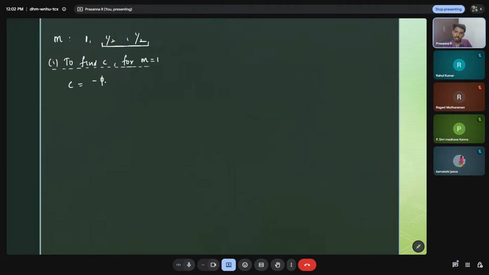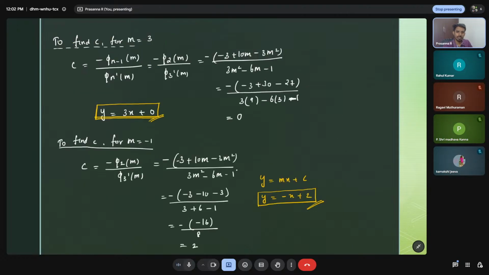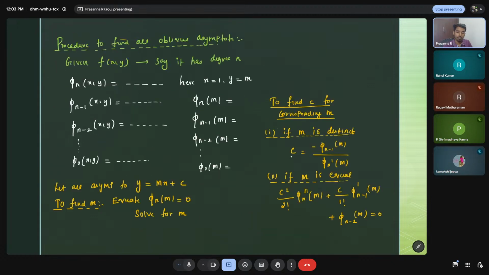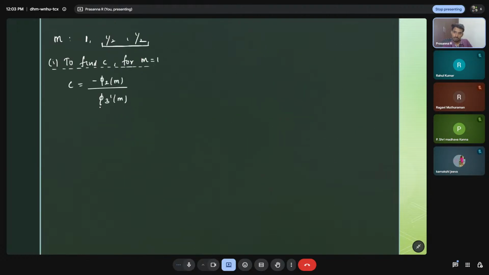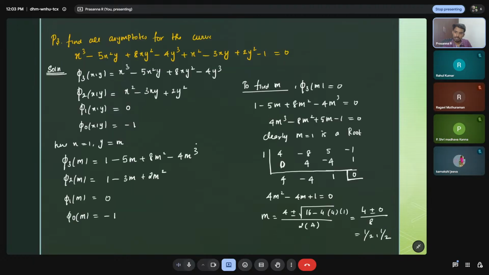That c is given by minus phi2 of m by phi3 dash of m, because it is degree 3, so it is phi n minus 1. So this is given by minus, so what is phi2 of m? 1 minus 3m plus 2m square, divided by phi3 dash of m.